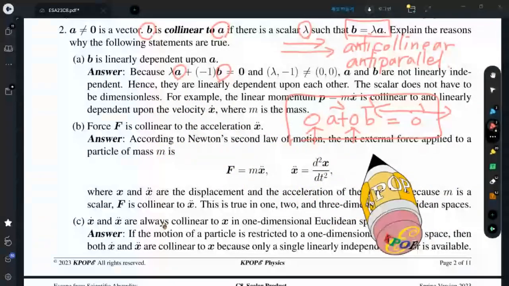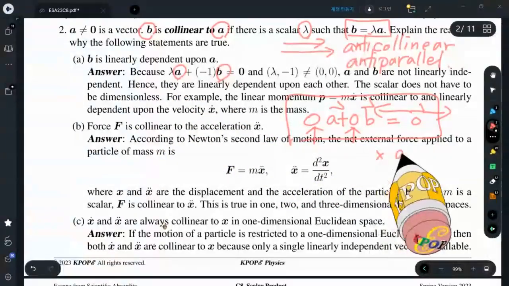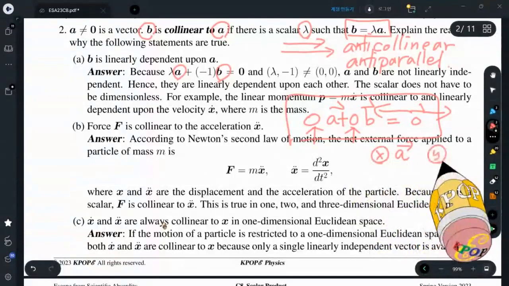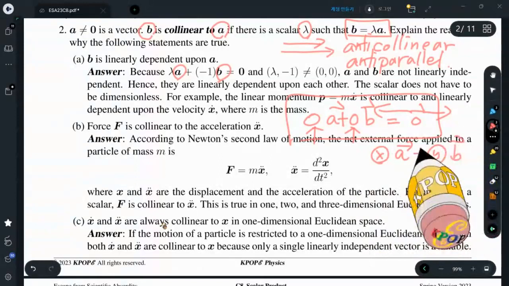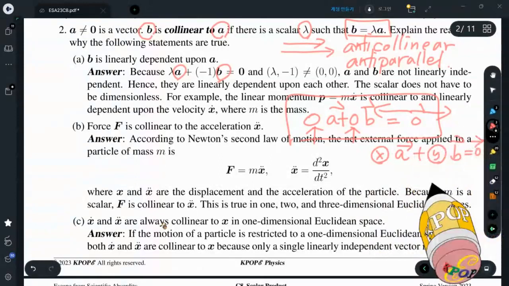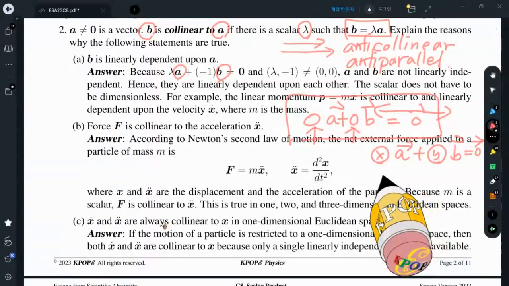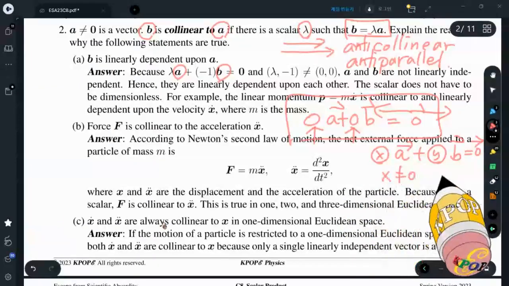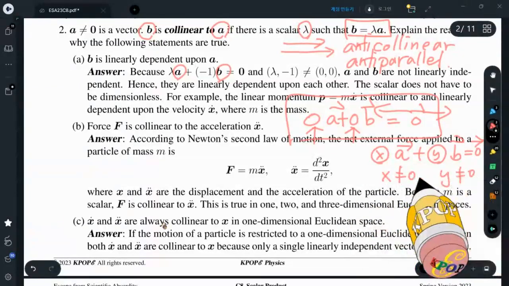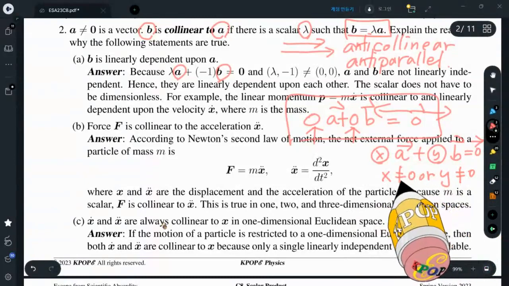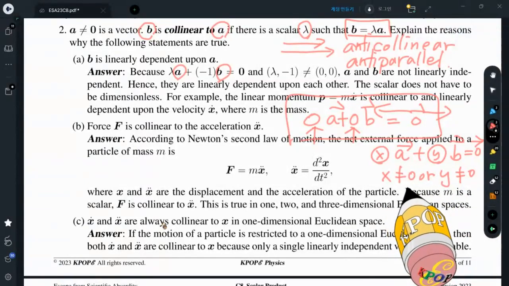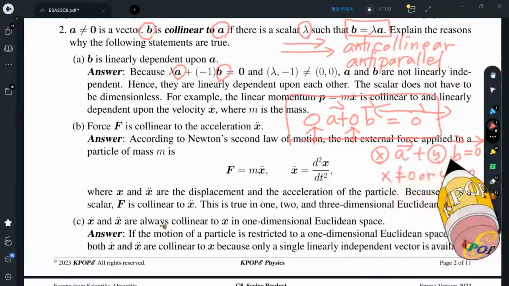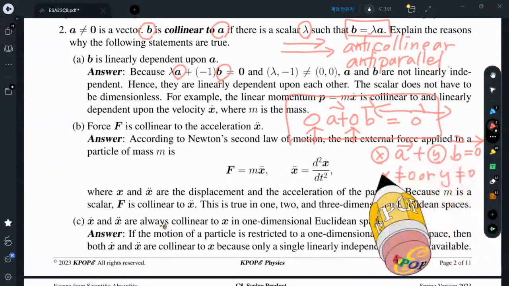A linearly dependent set is when something multiplied by A and something multiplied by B equals a zero vector, even though at least one of X or Y is non-zero. Then we say they are linearly dependent.